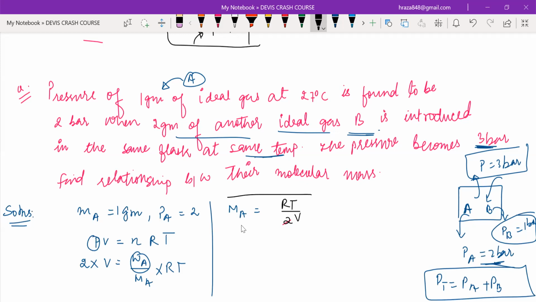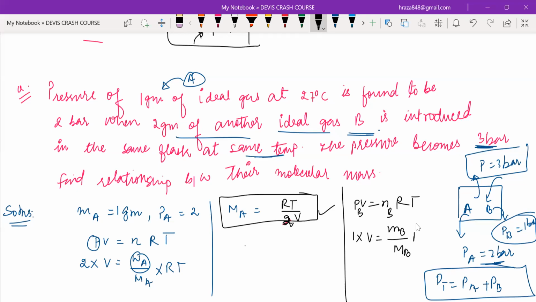Now for B, PV is equal to nRT, and for this the pressure of B is 1, into V, and the number of moles is given mass of B upon molar mass of B into RT, and you know that this mass is 2 gram, right?